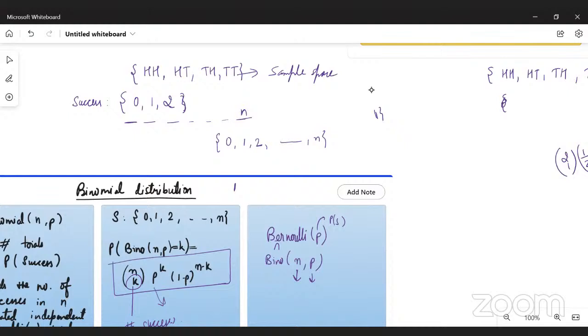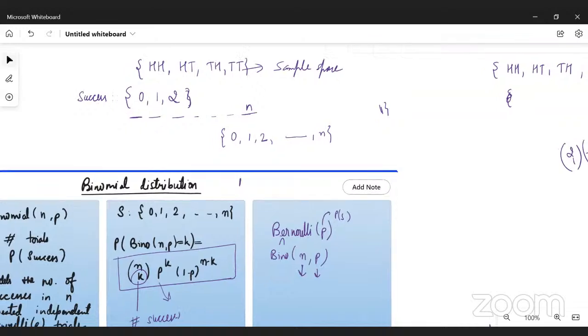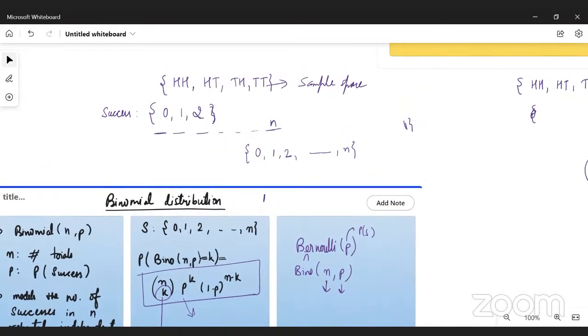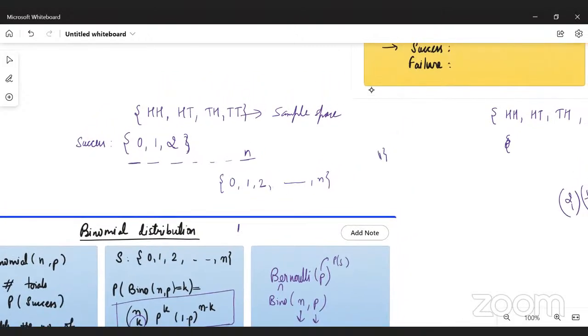Ma'am, can you explain the difference between range and sample space once more? Yeah, if you have tossed your coin 2 times, these are the outcomes that you're going to get: HH, HT, TH, and TT. This is the sample space. Now, on the basis of how I define my success, I have defined my event to be the number of heads.